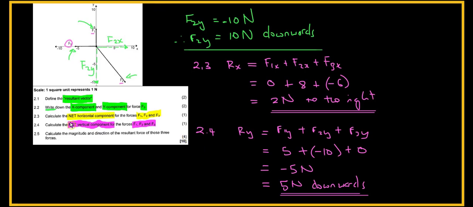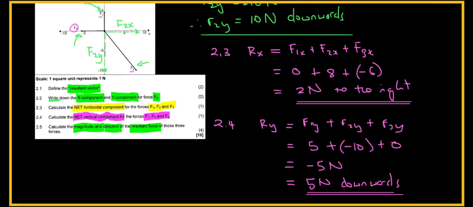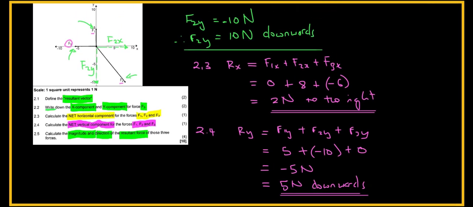Now lastly, the question is saying calculate the magnitude and the direction of the resultant vector for all these three forces. We need the magnitude as well as the direction.